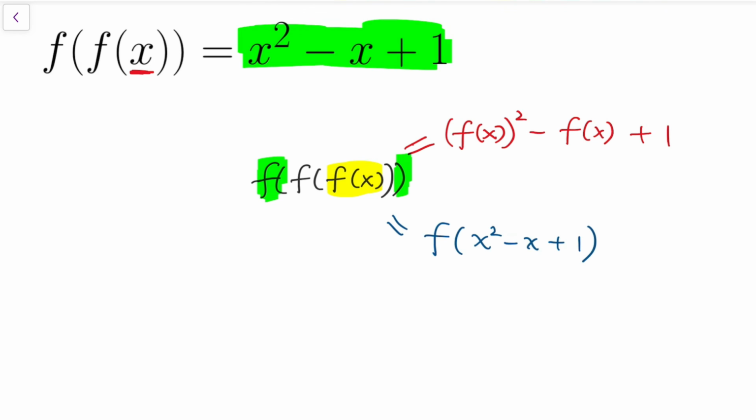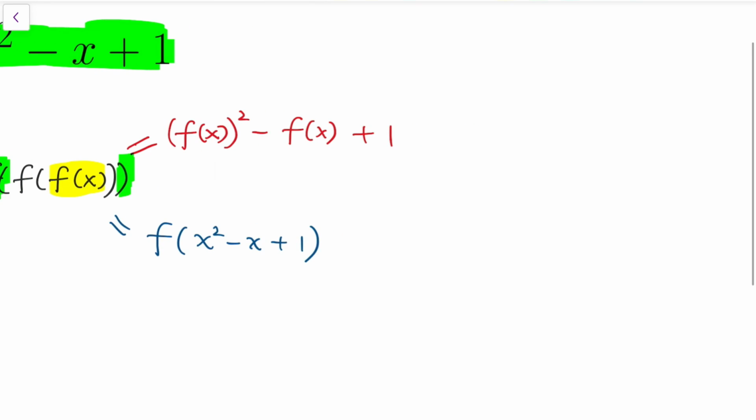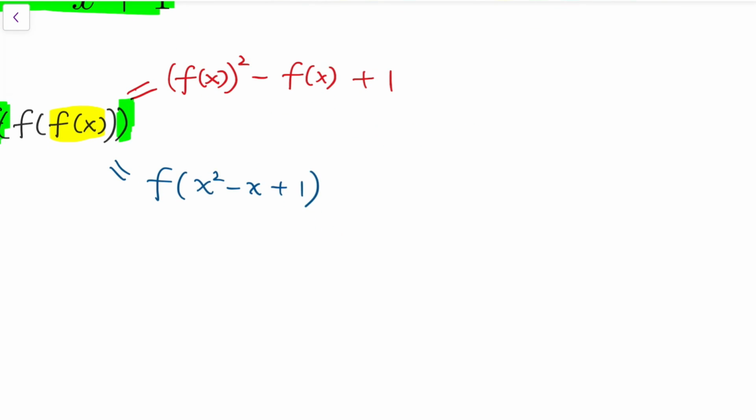Now I can use this to find values of f. For this, we notice that if I replace x by a certain value, I can have these x and x squared minus x plus 1 be equal, and our only choice is x equals 1.